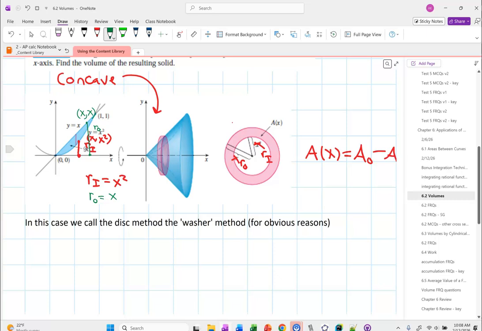We're going to be slicing perpendicular to the axis of rotation. We rotate around the x-axis, so we're going to integrate along the x-axis, slicing perpendicular to it.